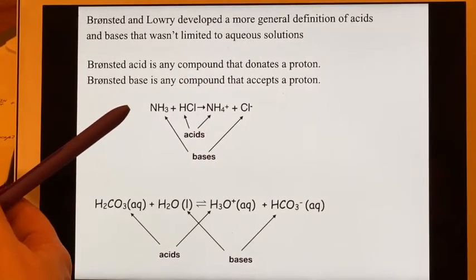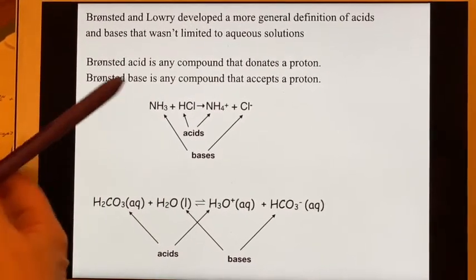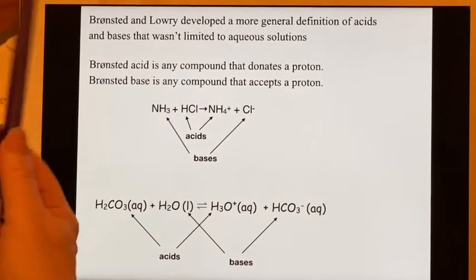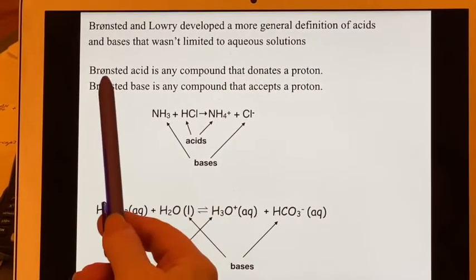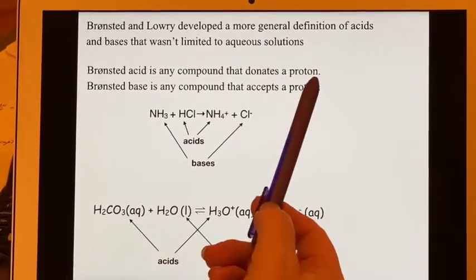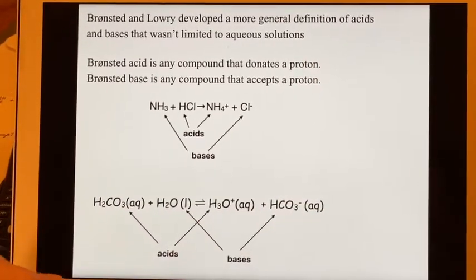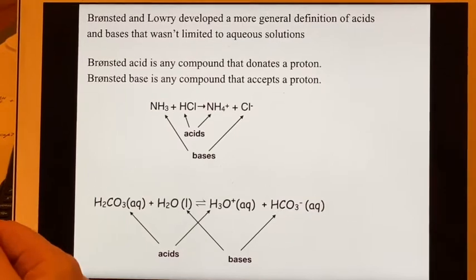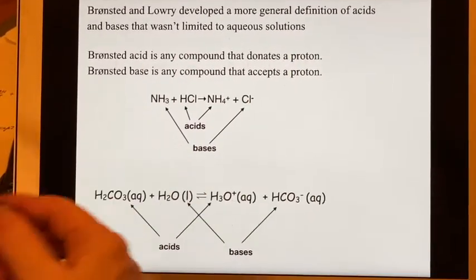Hydrogen only has one electron, and the only way it can be an H+ is if it loses the electron, leaving just a proton. So this definition, although it focuses your attention differently, is exactly the same as the Arrhenius, except that perhaps you can say it doesn't have to be in water.